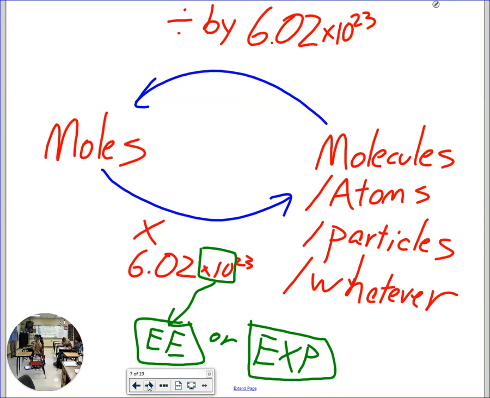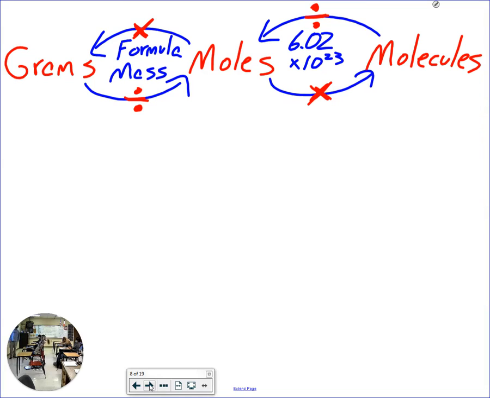So if I take this entire thing and put it together, don't write this down yet, just hear me out. Then I could start at any point along this chain, grams or moles or molecules, and I could use either my formula mass to convert it, or I could use the mole number to convert it. If I am given grams of something and I want to know how many molecules that is, well, first of all, I divide it by the mole mass.